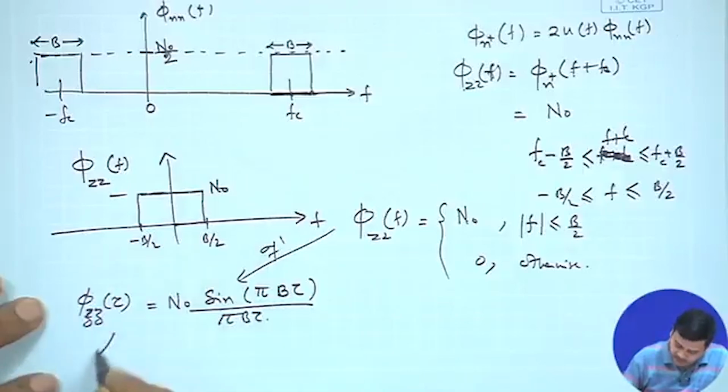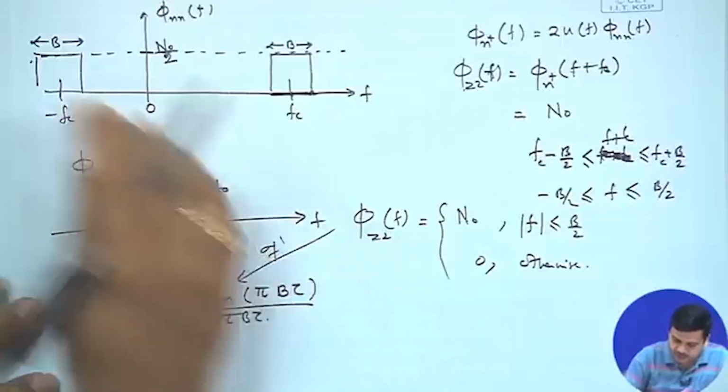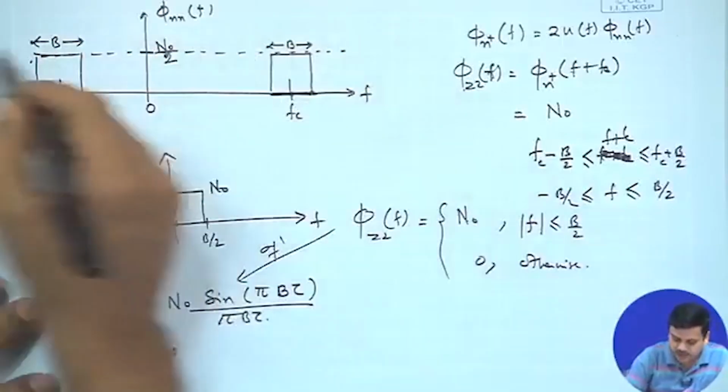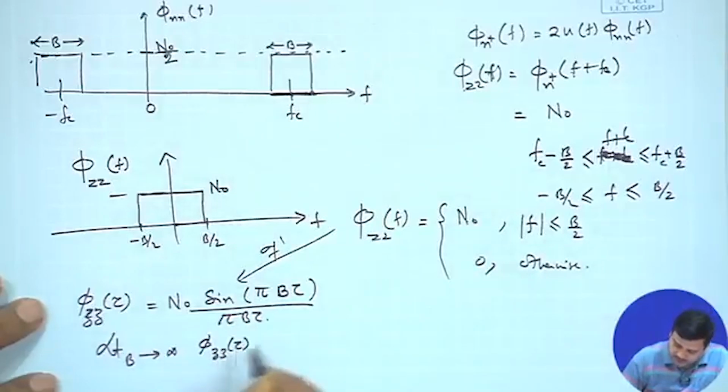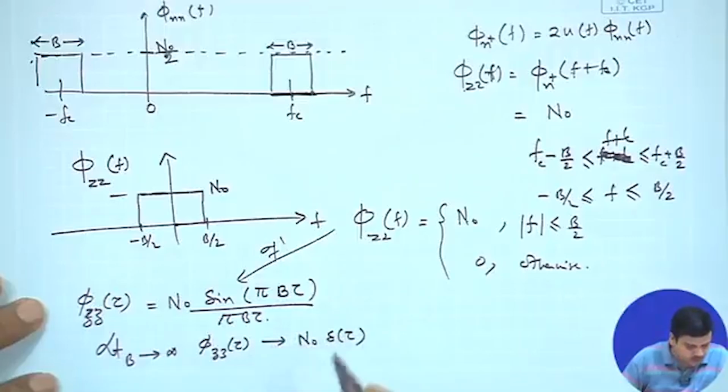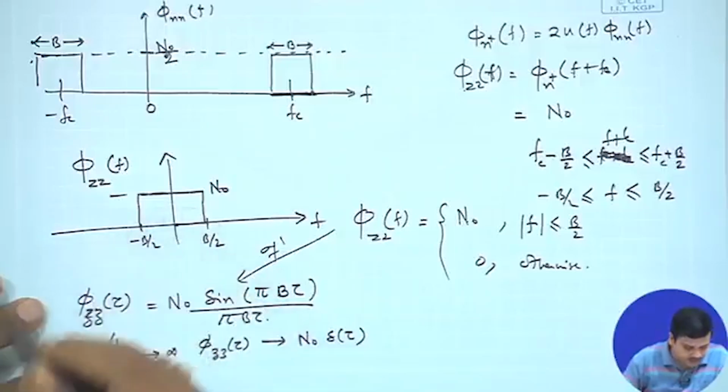Now, if in this one you let b tend to infinity, that means you take the whole bandwidth into consideration, then you would find phi z z of tau almost tends to n naught delta of tau, and the power spectral density is symmetric as we are seeing.